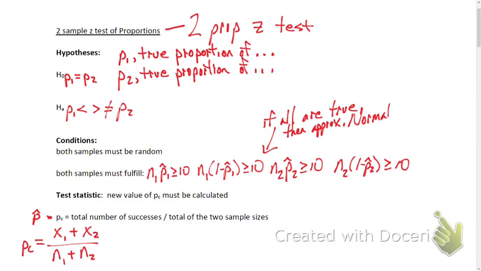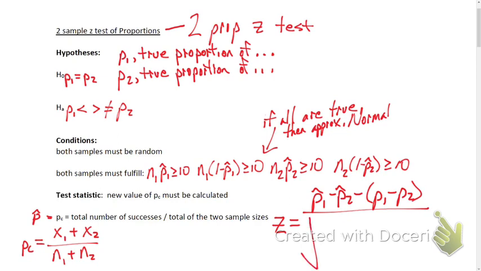That means when we do the z-score, we go p hat 1 minus p hat 2 minus the hypothesized difference, which is 0, over PC times 1 minus PC over N1 plus PC times 1 minus PC over N2.